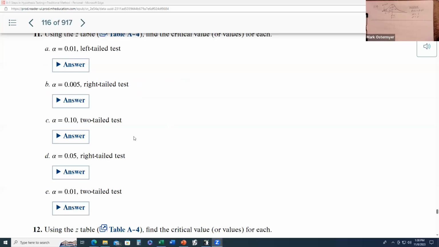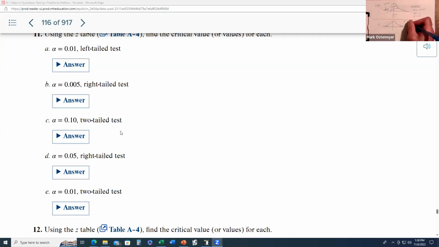Okay. Now I'm going to do C. We are to find the critical Z values for a two-tailed test. And notice the level of significance we are testing at would be 10%. So for 11C, and I'll draw a picture of this, you're going to have two rejection regions of equal size, one in the upper tail and one in the lower tail.